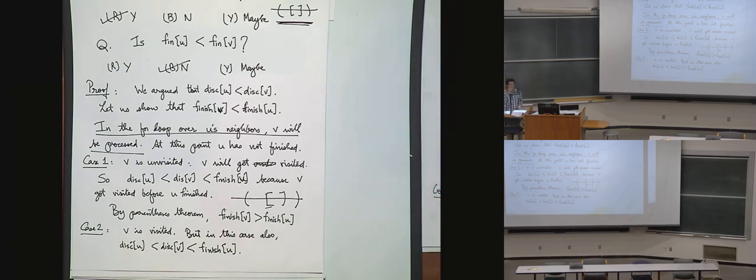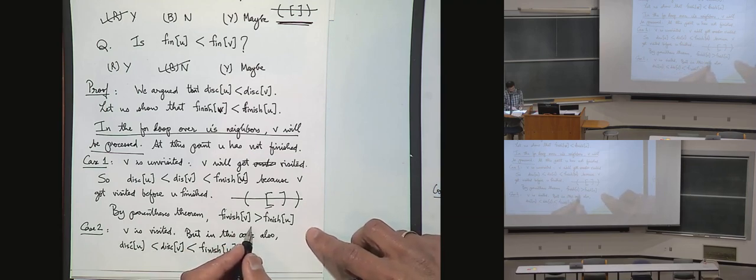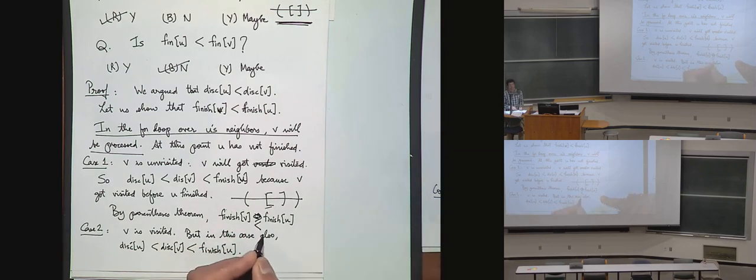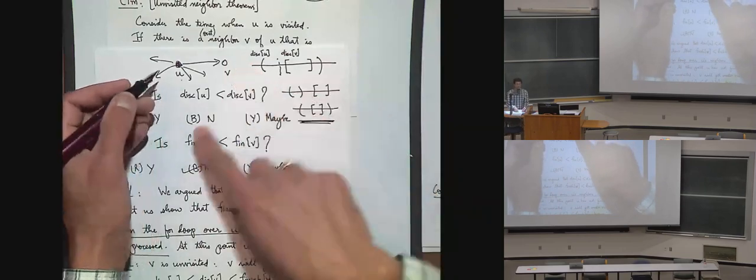Yes? When you say the parentheses theorem, shouldn't it be finish V is less than... Thank you. If V is already visited when you're looping through U's neighbor, doesn't that mean discovery of V was before discovery of U? No, good. So we started off, remember when we start off, we have this, right?